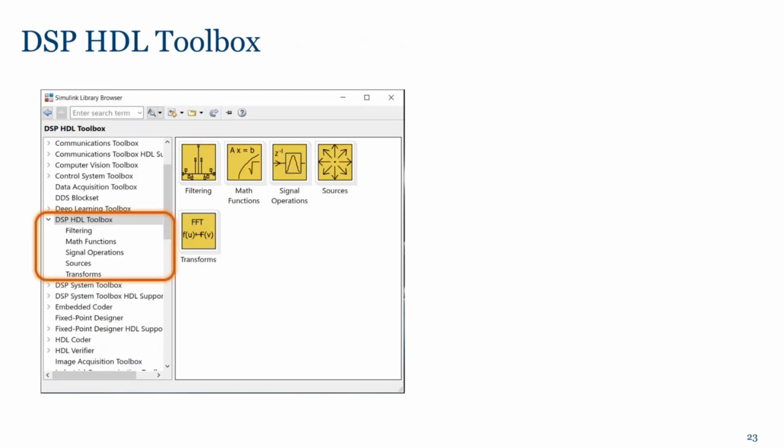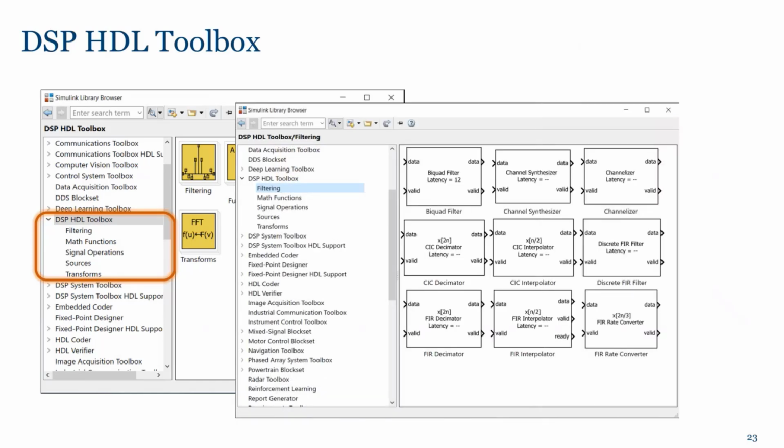And like I said, the DSP HDL toolbox will provide some proven IP blocks. For example, here you can see in the library that you have some subsections, for example, just for filtering, where you could have the classical or the state-of-the-art filters that you can use.